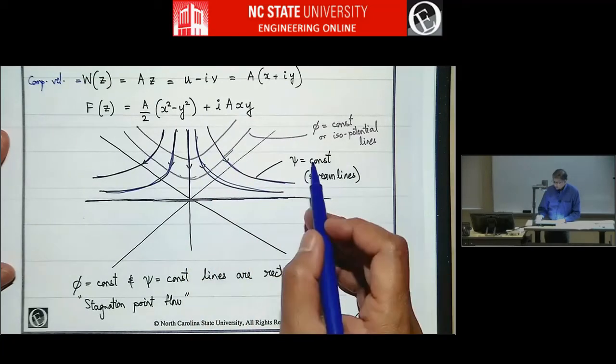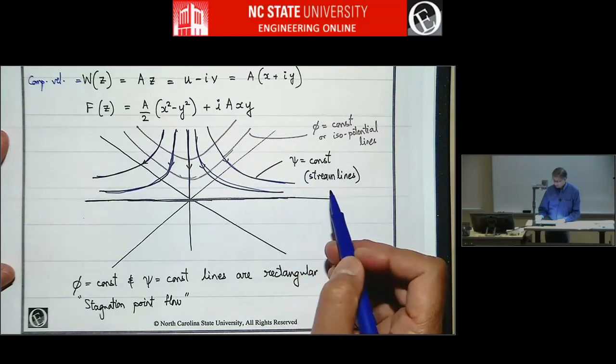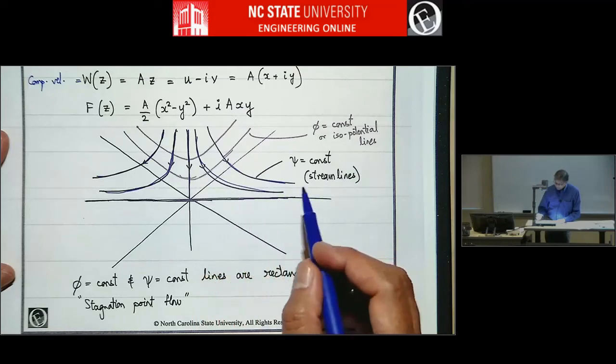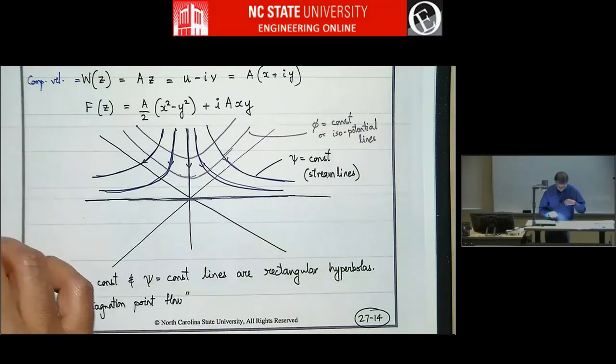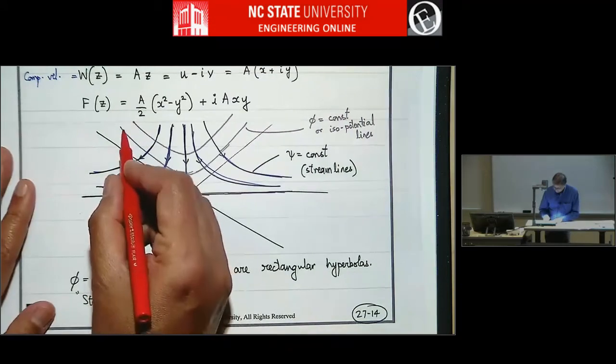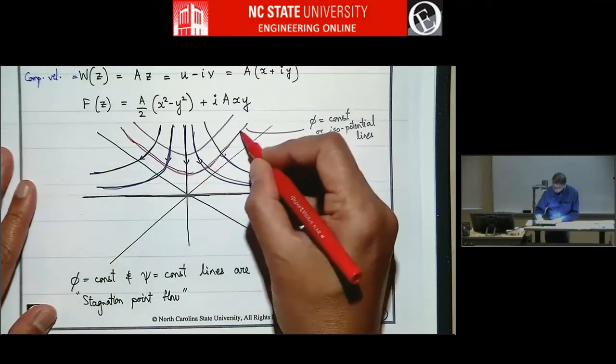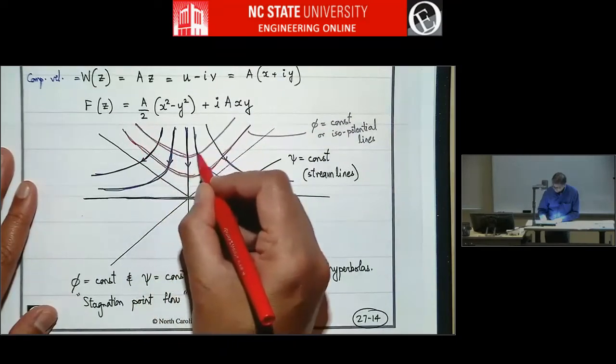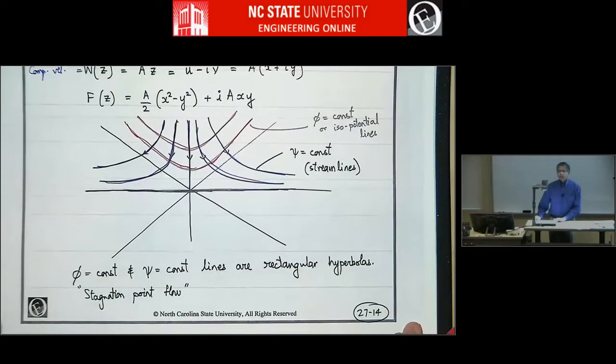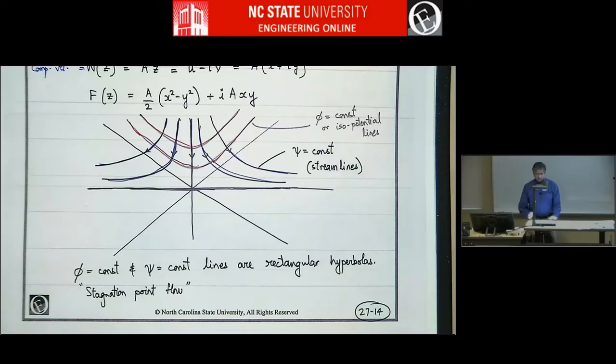So these are the psi equals constant lines, streamlines. And these are the velocity potential lines, isopotential lines, phi equals constant. So these lines, phi equals constant and psi equals constant, are rectangular hyperbolas.